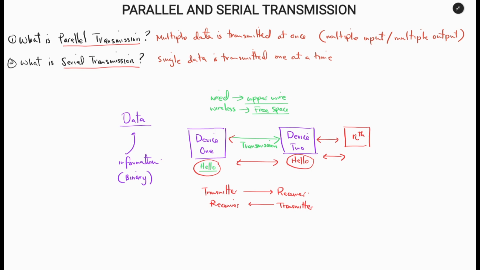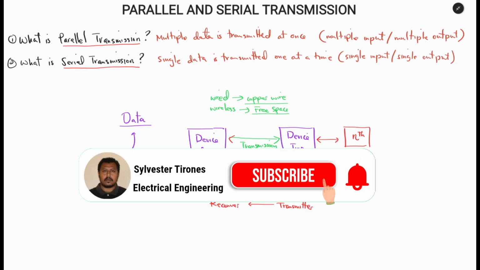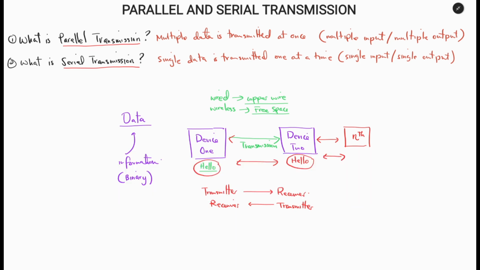And in a serial data transmission, we have a single input and a single output. And when we talk about the receiver and the transmitter, we can clearly see that when we have the multiple inputs, this particular device is a receiver.